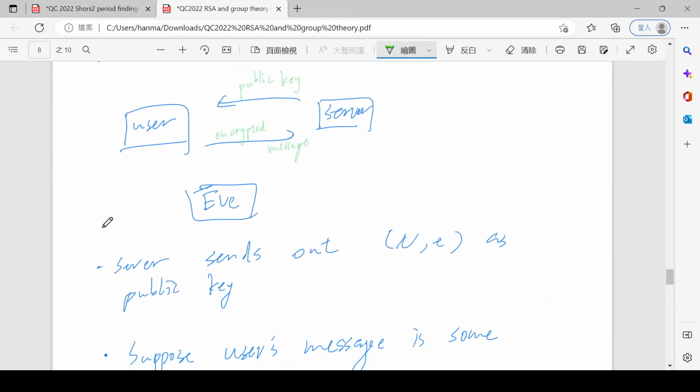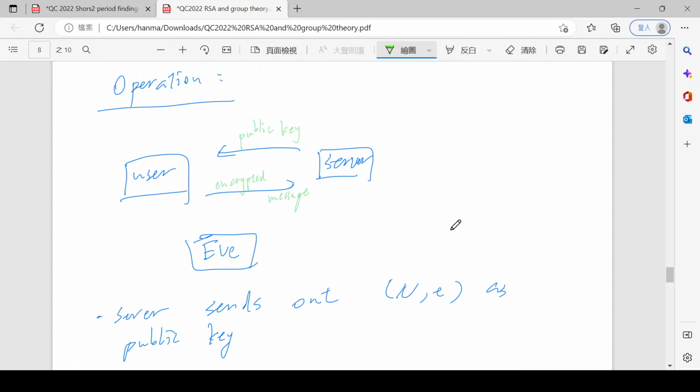So this is how you calculate all the things you need. And now finally we see the operation. This encryption system is a public key encryption system. So it works like this. You have a server and there's a user. The server will send out public keys to a user, and the user can send back an encrypted message.